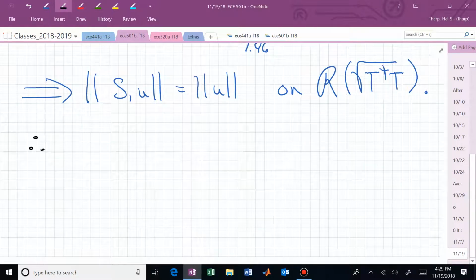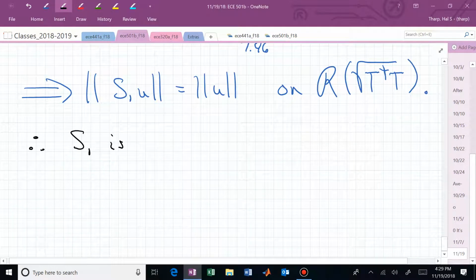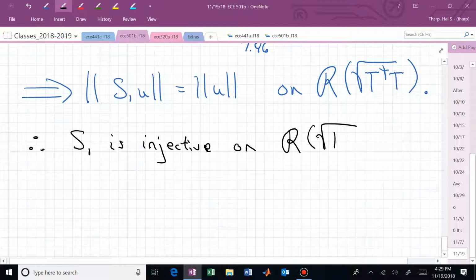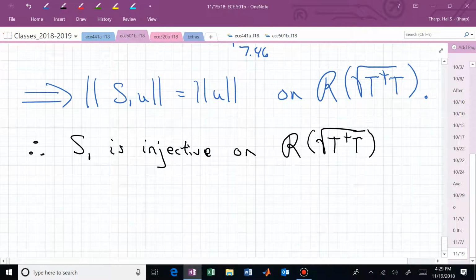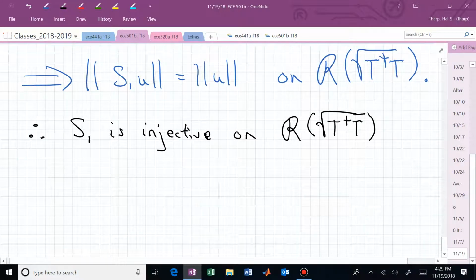What have I just said? I said that S1 is injective on a restricted domain, and the restricted domain is the range of square root of T dagger T. If that norm is true, which we just concluded by using those two equations, that the norm of S1u is equal to the norm of u, that can only happen as long as S1 is injective.